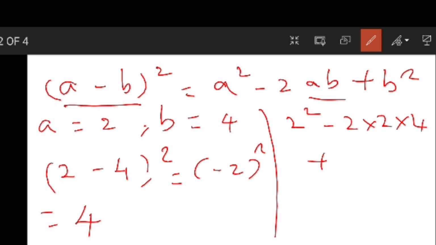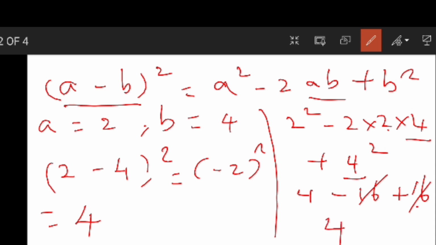And plus b squared. b squared is 4 squared. Okay children, so I will get 4 minus, 2 2s are 4, 4 4s are 16, and 4 squared is plus 16. So both these 16 will get cancelled because one is negative and one is positive. So I am getting 4 as the answer.